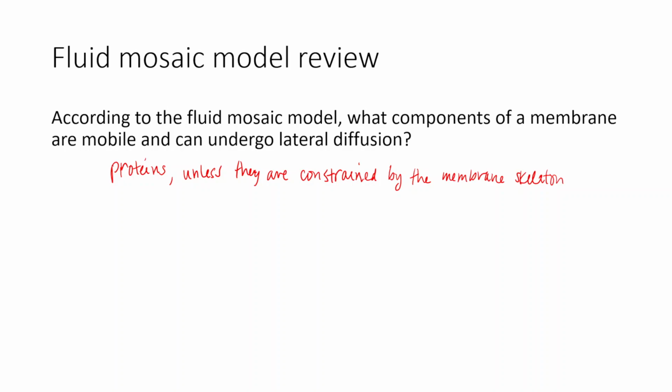Yeah, lipids. So we were just talking about a few questions ago how lipids can freely laterally diffuse for the most part, unless they can also be constrained in different ways. And this type of lateral diffusion is much easier to do than that transverse diffusion where they flip across to the other side of the membrane, right?